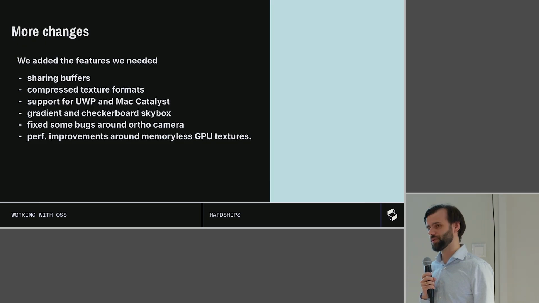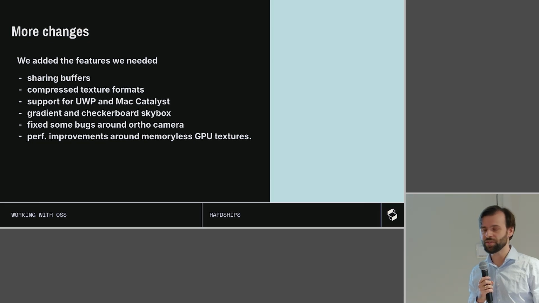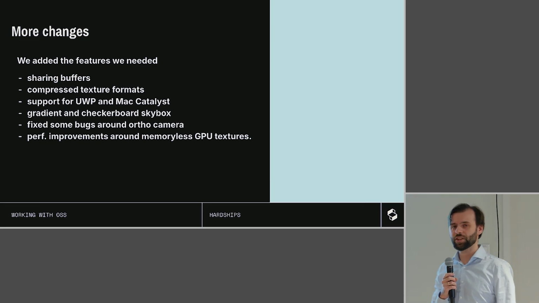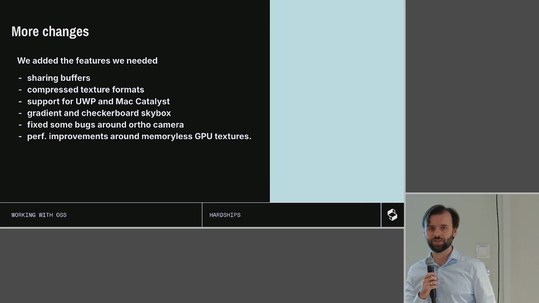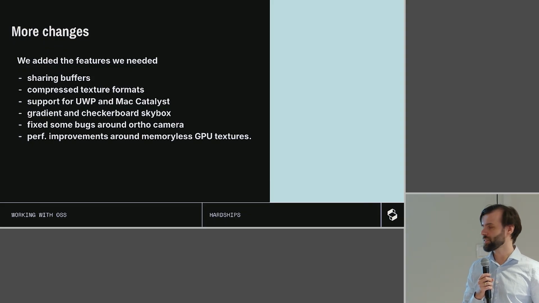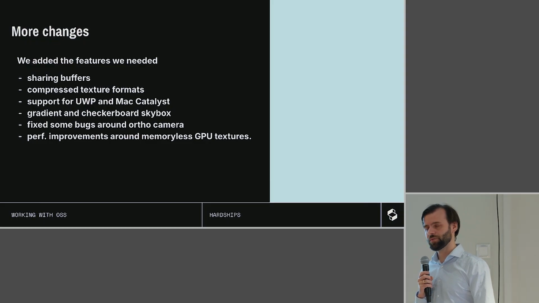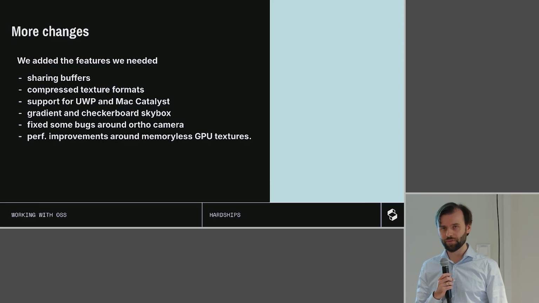Okay, but Shaper 3D is not a regular Windows application, it's a universal Windows platform application. UWP is an application framework for sandbox applications on Windows, and Filament didn't support this platform. We had to add support. And a similar story on Mac with Mac Catalyst. And we added a few more features, improvements, bug fixes.